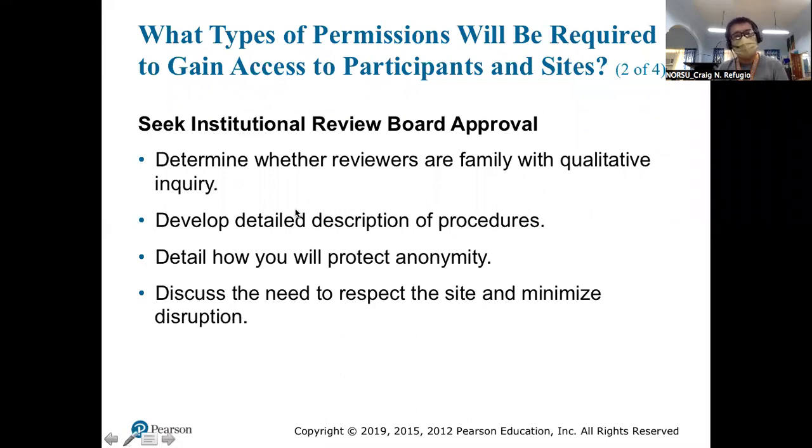Second is to develop a detailed description of procedures: detail how you will protect anonymity, and discuss the need to respect the site and minimize disruption. All of these, from bullet number 1, bullet number 2, bullet number 3, and bullet number 4, you can have a better understanding of if you have watched the video that I uploaded in our stream.